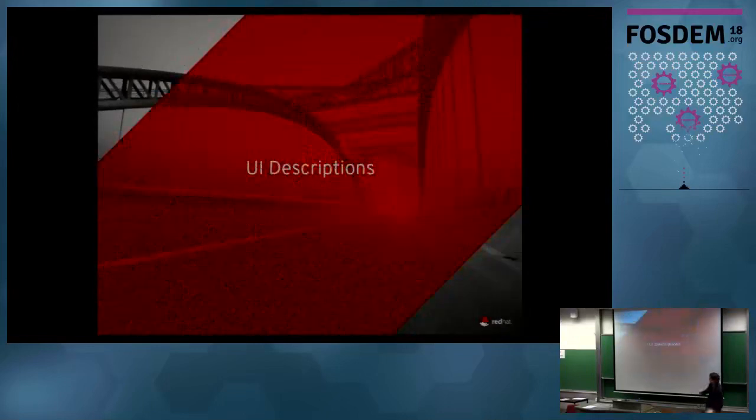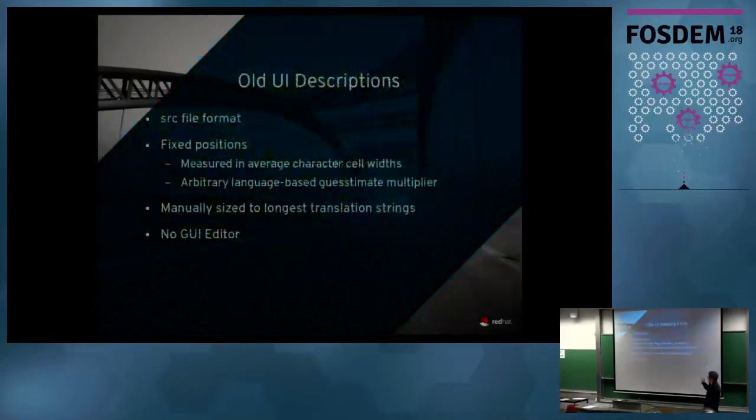So backstory then, the UI descriptions, where we've come from. All of our dialogues used to be described in a SRC file format where every widget was a fixed size. Everything was measured in arbitrary character cell widths. And then when you load the UI under German, it would multiply everything by 105% to get it a little bit bigger, because German tends to be a bit longer.